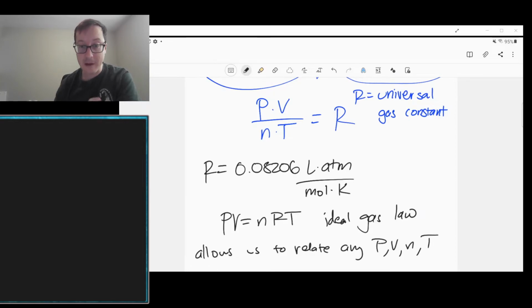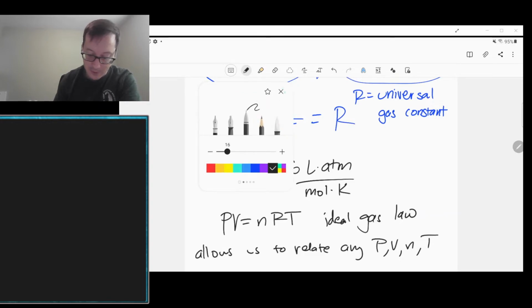All right, and better than that, it also gives us relationships that we can see. So we saw how pressure fit into all this. It was pressure times volume, pressure divided by moles, pressure divided by temperature. And that all fit in there in that equation. If we look at other ones, let's look at volume and moles.